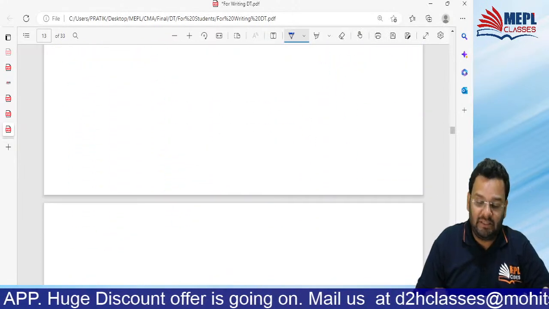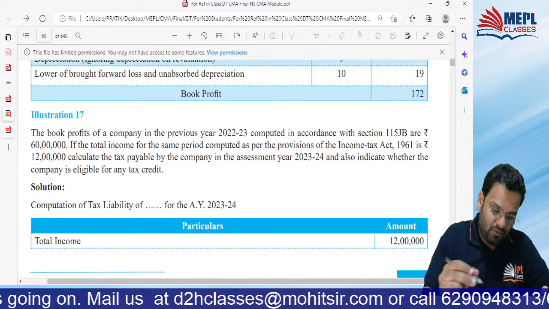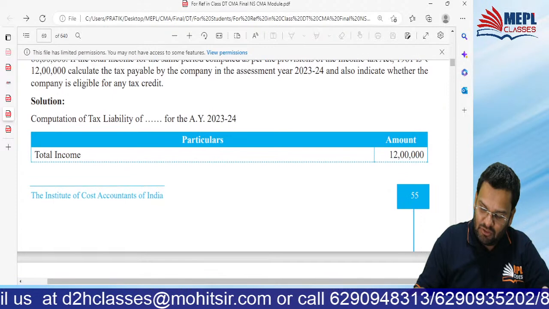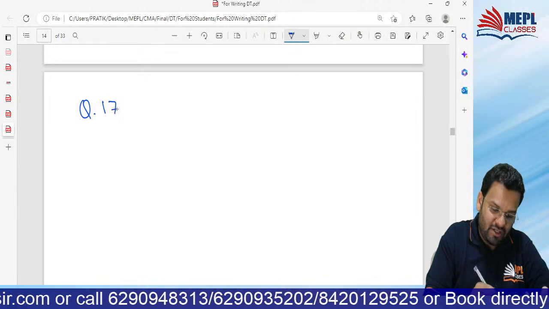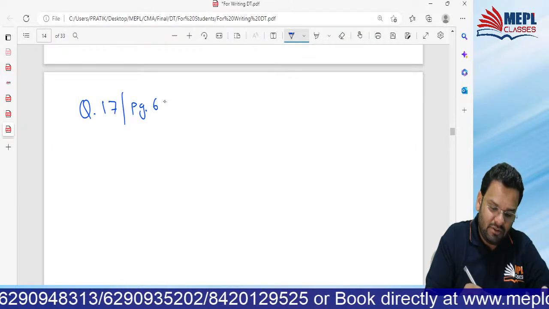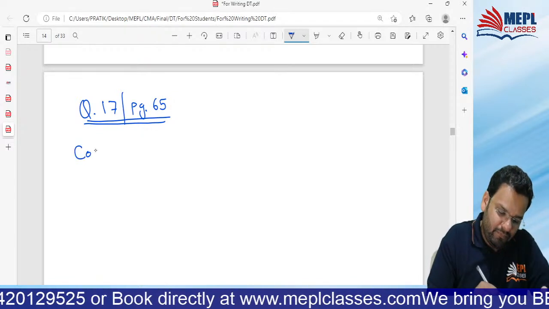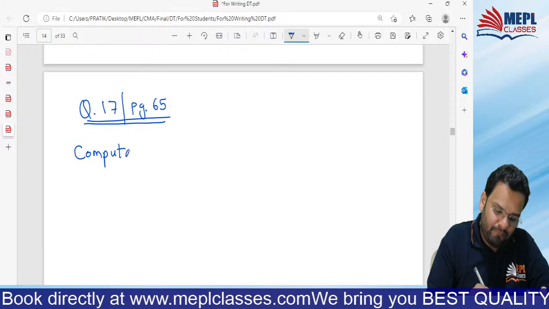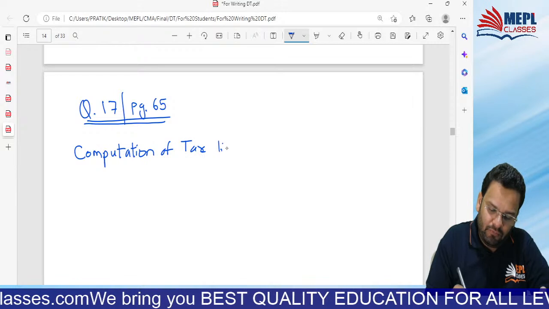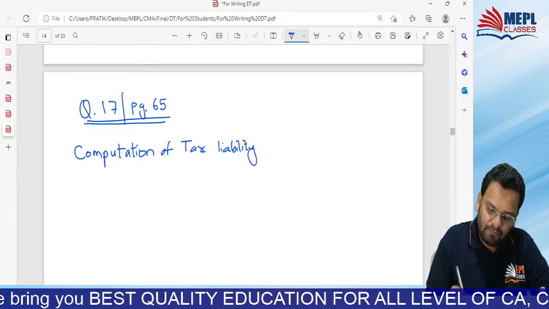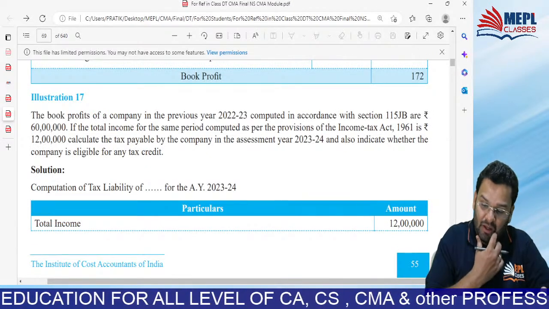So give proper reference in a notebook. It is question number 17, page 55. Heading will be computation of tax liability of company.